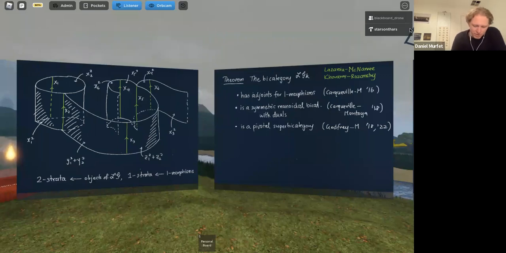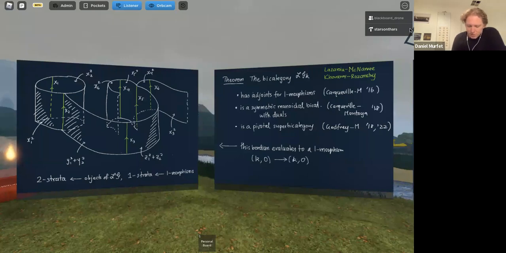So maybe just for the sake of a bit of color, this bordism evaluates to a 1 morphism from the potential 0 over the polynomial ring with no variables to the potential 0. And such 1 morphisms are Z2 graded vector spaces. Okay, so this thing evaluates to a Z2 graded vector space.